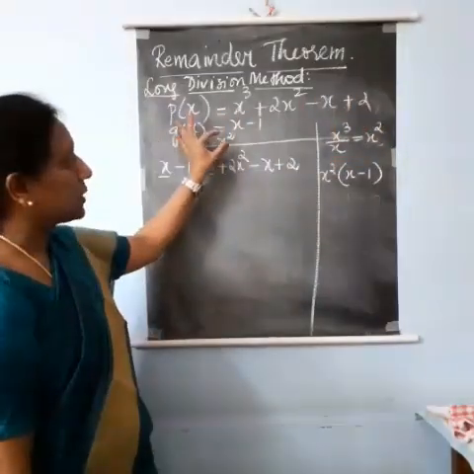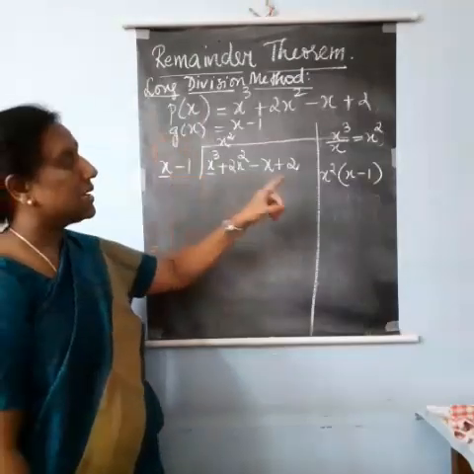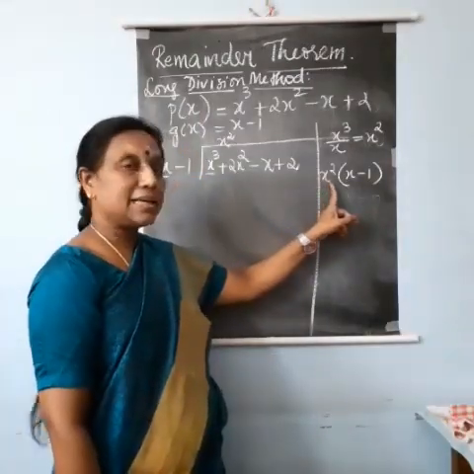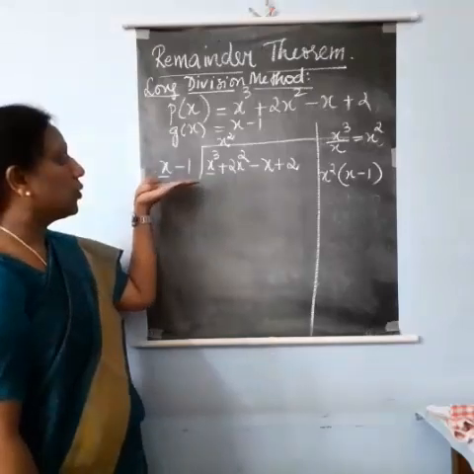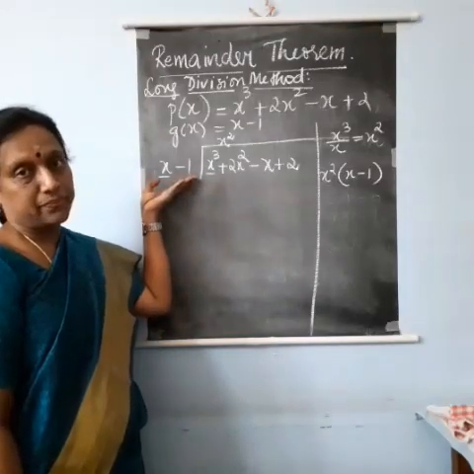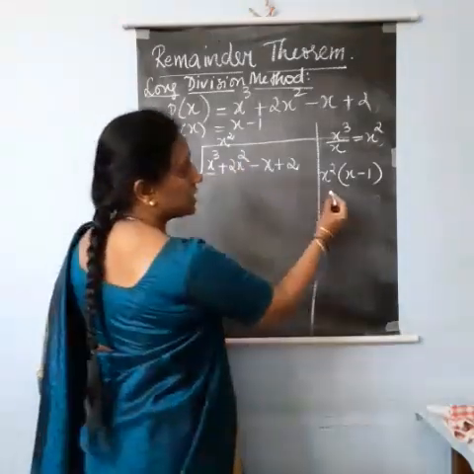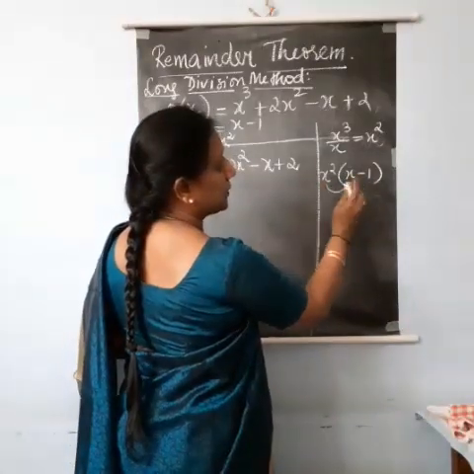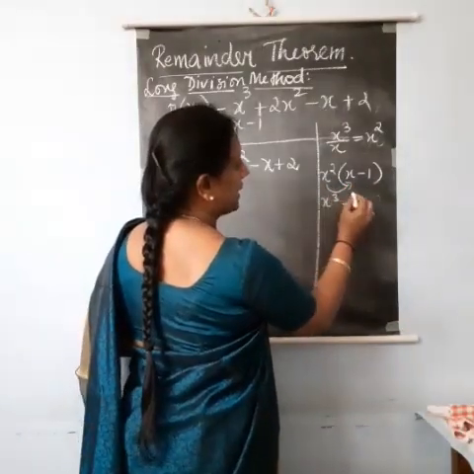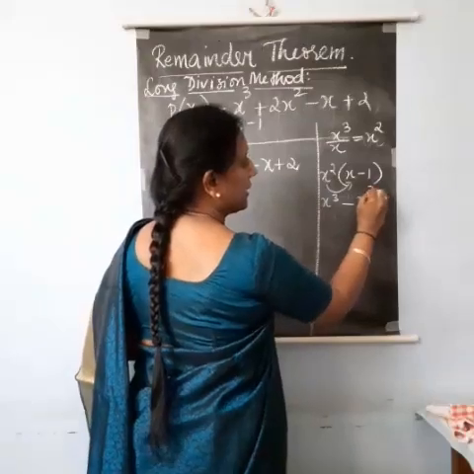I have put it as the first term of my quotient, and then multiplied x squared by the whole divisor. So when I multiply using the distributive property, what will you get? X squared into x will be x cubed, minus x squared into 1 will be x squared.